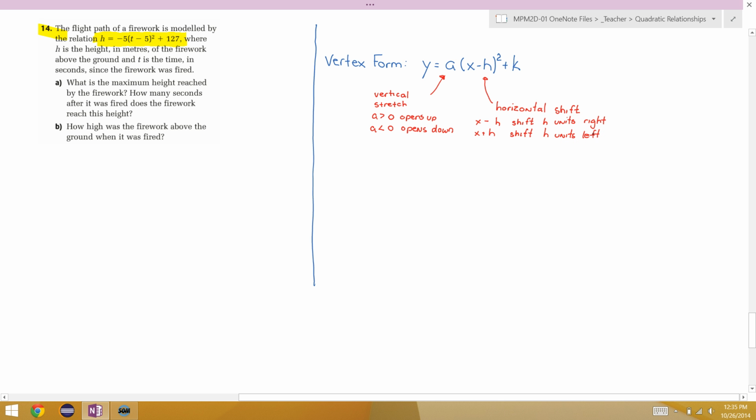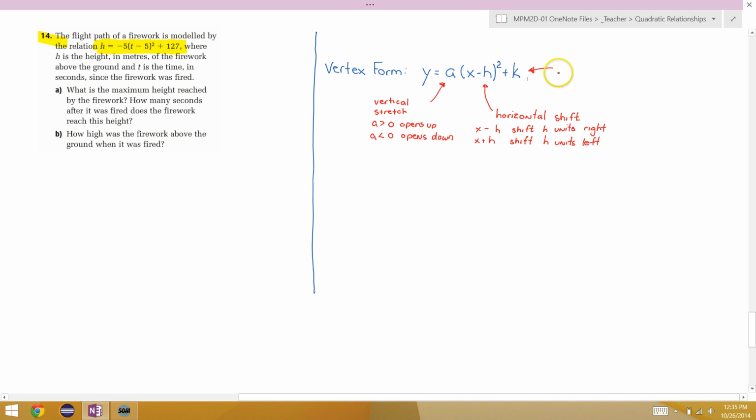Now it seems like that's wrong because on the coordinate axis, right is positive and left is negative, but in fact there's some reasoning for this, and I do encourage you to do a little exploration and understand why it's the reverse of what you might think intuitively.